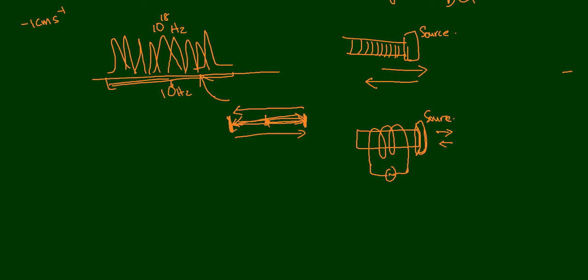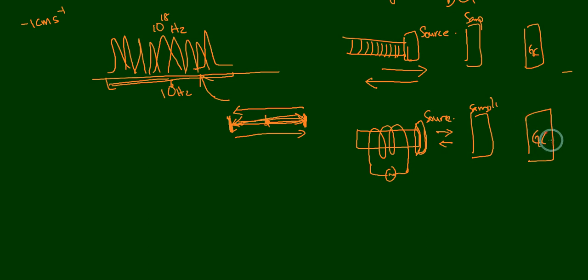So we have the source here, then we have the sample here, then we have the Geiger counter here. In this case also we have the sample here, and then we have the Geiger counter here, and in this case we are moving the source towards the sample and away from the sample just by rotating the screw.